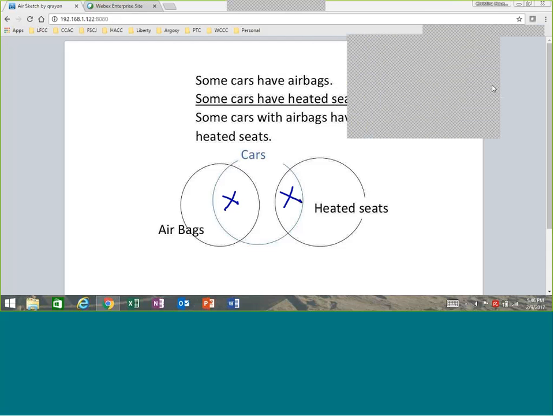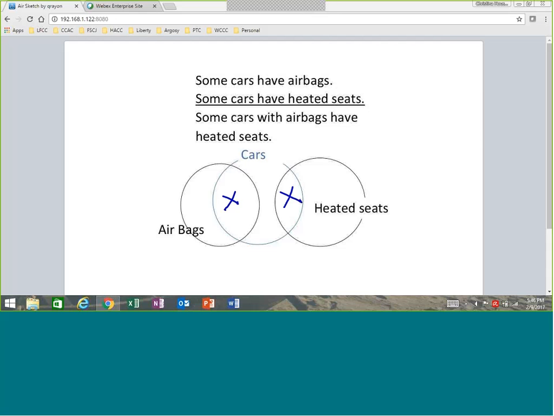What determines if the circles intersect? That's a good question. How do I know the circles intersect? I don't, actually. I don't know if they intersect, and I don't know that they don't intersect. I assume you're asking about the airbags and the heated seats, because I do know the airbags and the car circles intersect because some cars have airbags, and the cars and the heated seat circle intersect because some cars have heated seats.